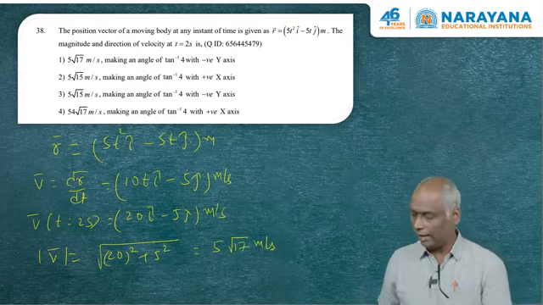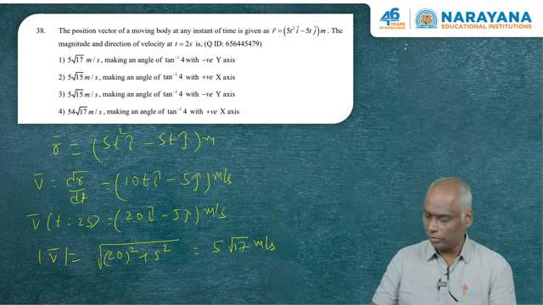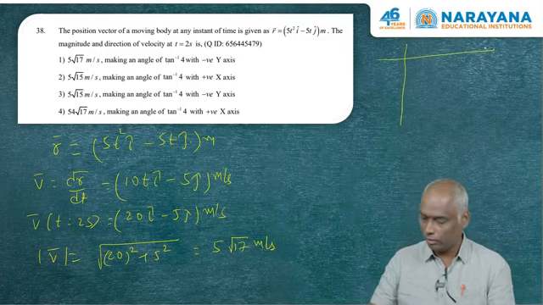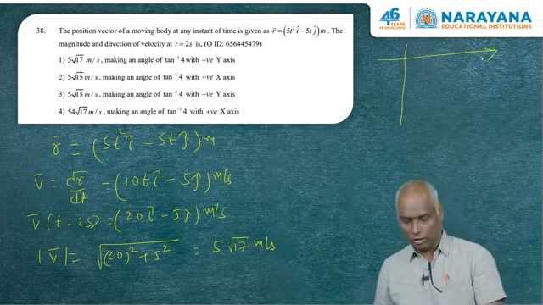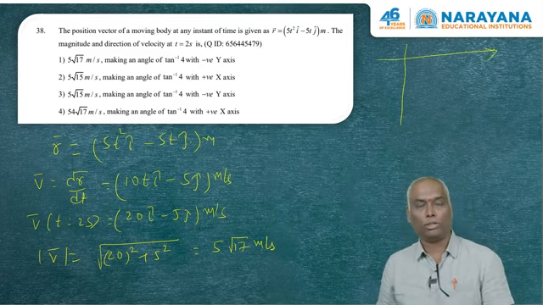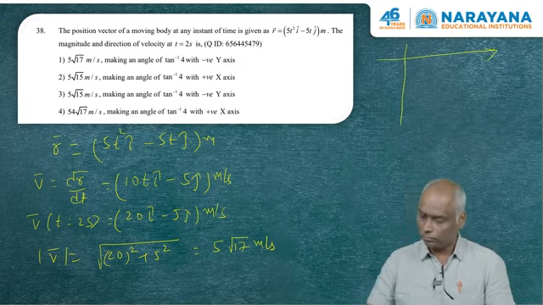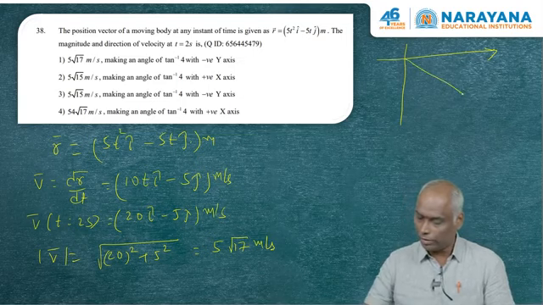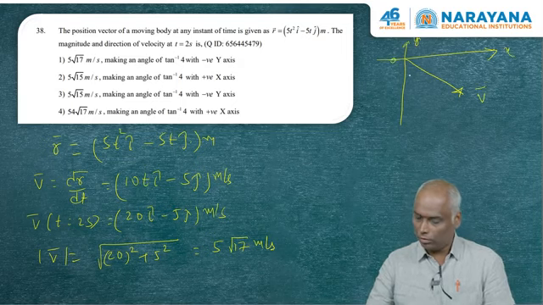When it comes to the direction, let us represent it in the xy plane. The x component of velocity is positive and the y component is negative, so it is in the fourth quadrant like this. This is the direction of velocity. This is x, this is y, this is origin. If I consider the angle made with the negative y-axis, this is theta.